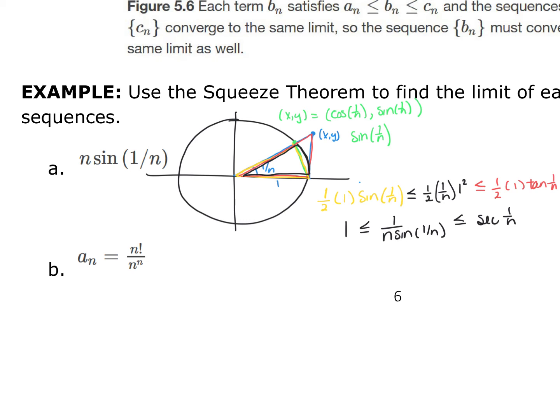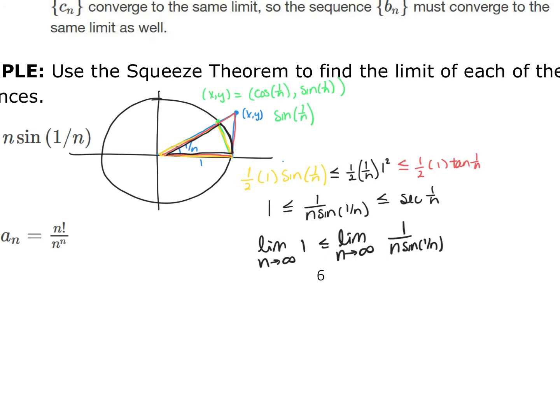It's all good. Let's take the limit as n goes to infinity of 1, which is less than or equal to the limit as n goes to infinity of this 1 over n, the sine of 1 over n, which is less than or equal to the limit as n goes to infinity of the secant of 1 over n.